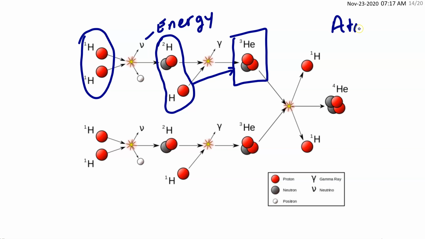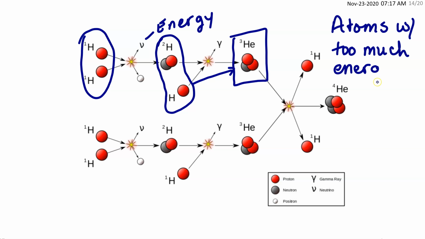Atoms with too much energy are radioactive. What happens is they get rid of that energy through nuclear decay.